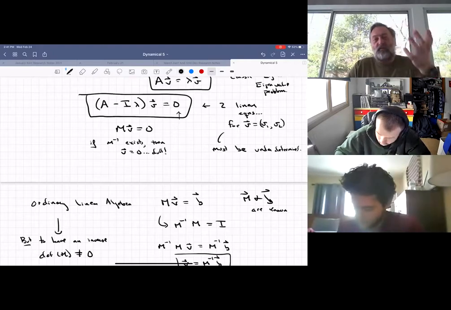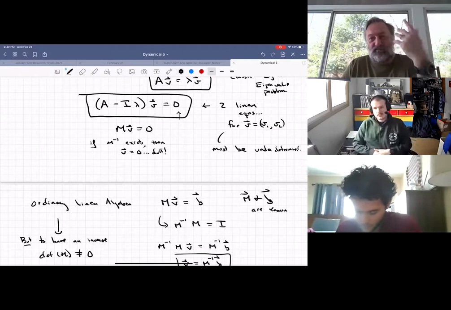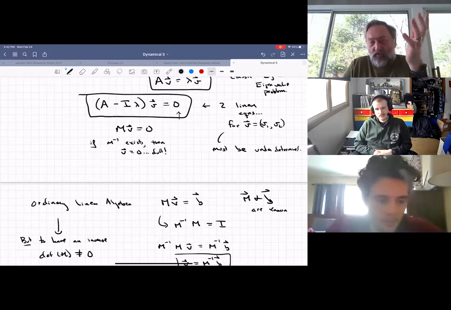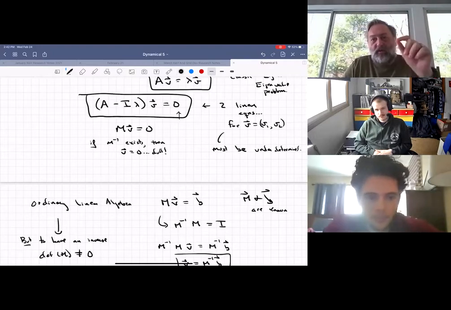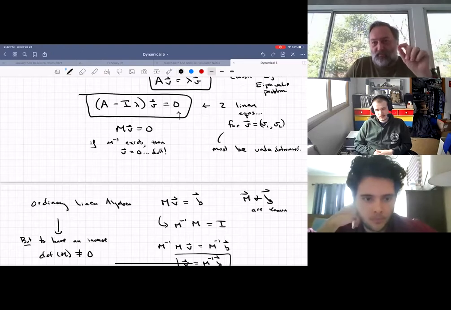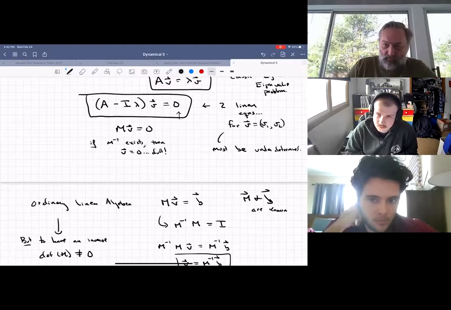Because if M inverse exists, I would multiply both sides by M inverse, but M inverse times 0 is just 0, and so V is equal to 0. That's not interesting at all. So what you want to solve for in an eigenvalue problem is where the matrix in front of the eigenvector does not have an inverse.